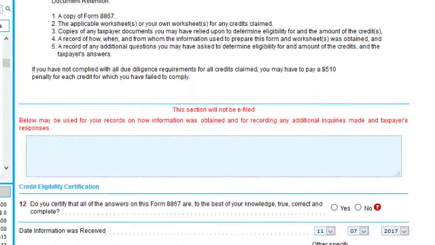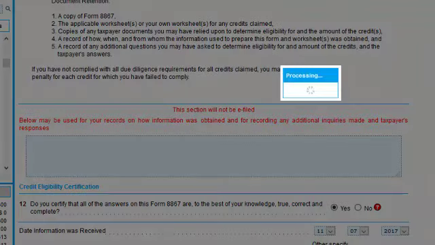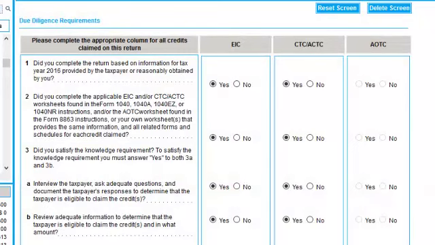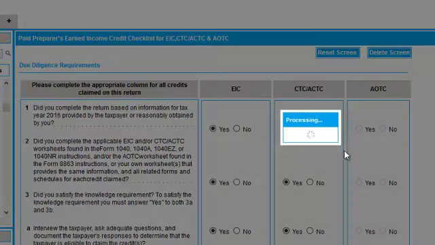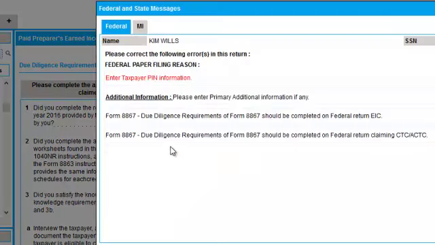You say no. Did you certify that all the answers on the Form 8867 are to the best of your knowledge true, correct, and complete? We're going to hit yes. Got this information from the taxpayer. And we're going to hit save. And by doing both rows, we probably satisfied the 8867 requirement for both child and adult.